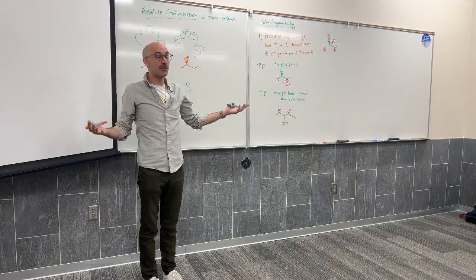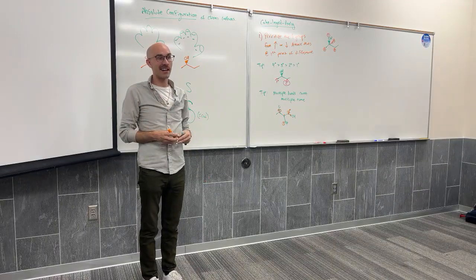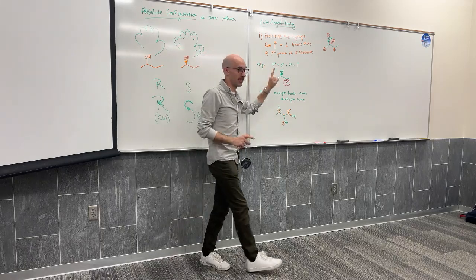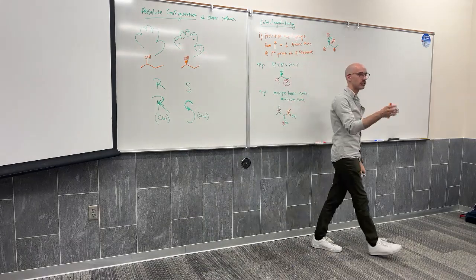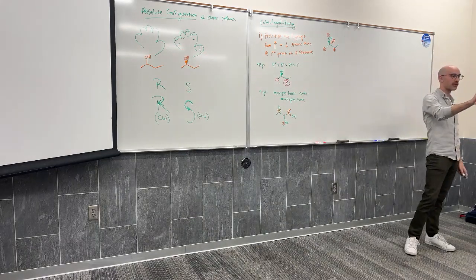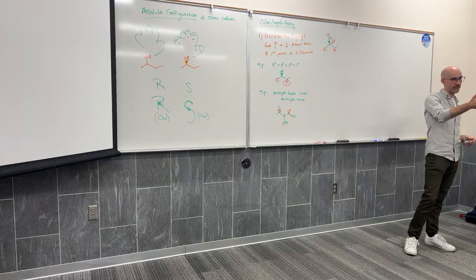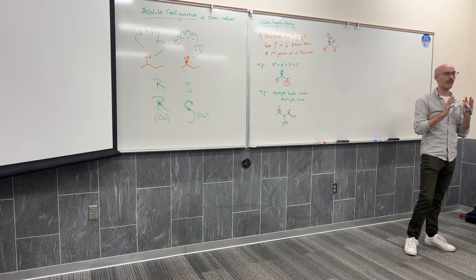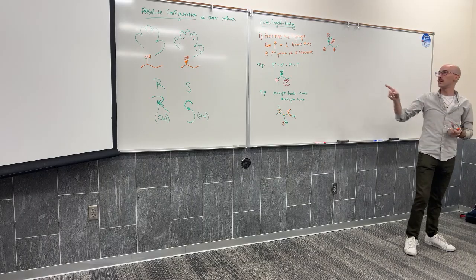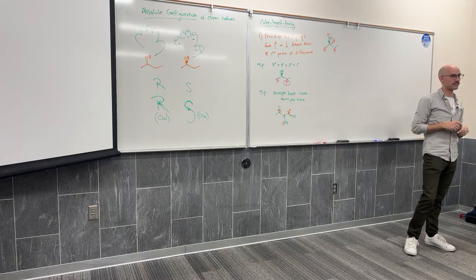And if we had a huge molecule, it would take so long to add up the mass of those groups and figure it out. So they gave us a shortcut, and they said, if we consistently just prioritize the groups at the first point of difference, we usually don't have to work that hard to prioritize them. It means nothing. It's just a way to systemize our absolute configurations.